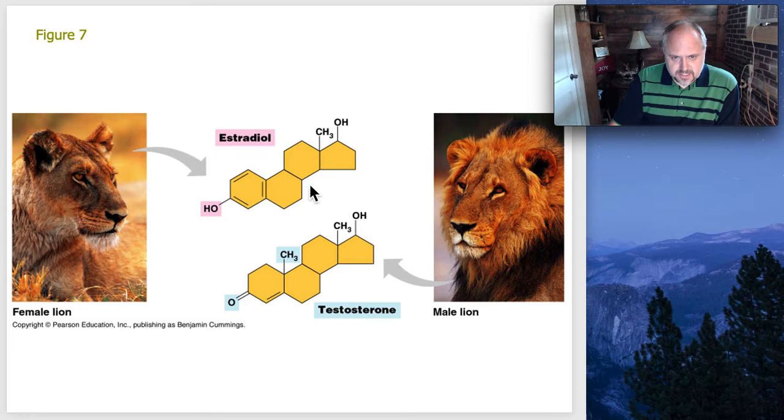So if we were trying to distinguish them just based on shape, we would not be able to. But you'll notice here, attached to this fourth ring, we've got, in this case, an OH, and in this case, a single oxygen. This is critically important to being able to tell the difference between these two hormones, because notice that these two have completely different bonding potentials with regards to hydrogen bonds.